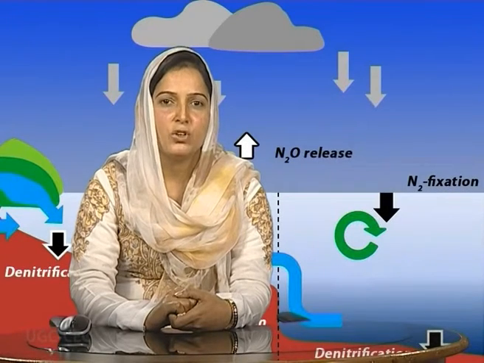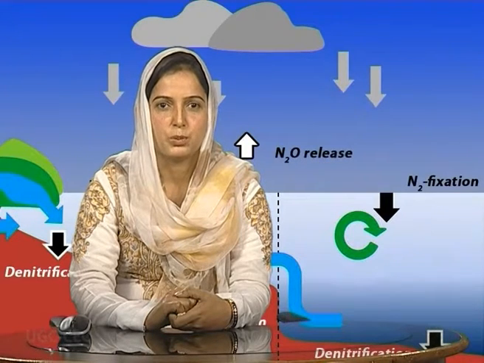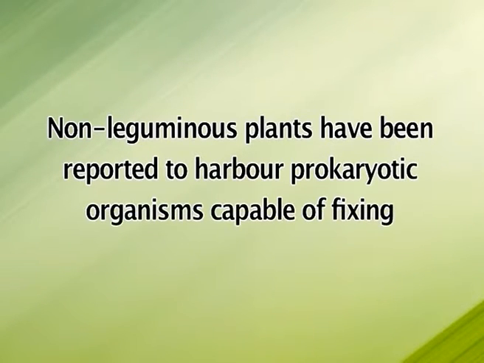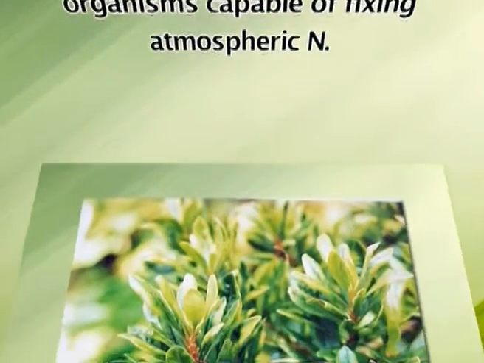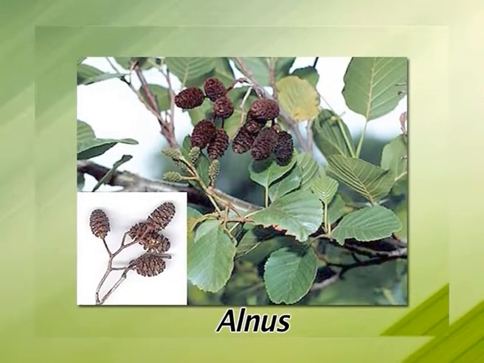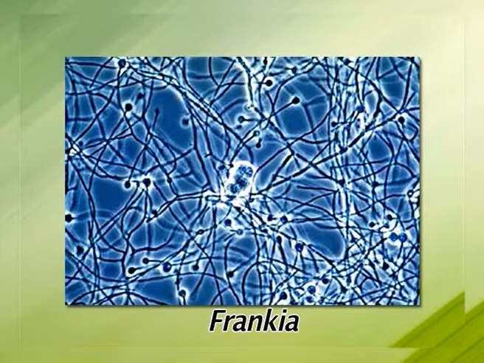However, symbiotic nitrogen fixation is not restricted to Leguminosae only. Many non-leguminous plants have been reported to harbor prokaryotic organisms capable of fixing atmospheric nitrogen. Examples include Myrica and Alnus species, which harbor nitrogen-fixing actinomycete, Frankia, in their roots.